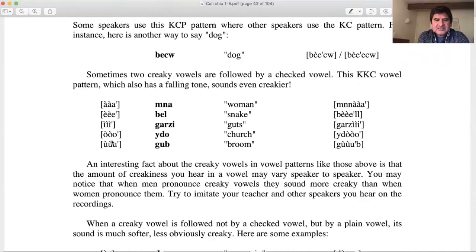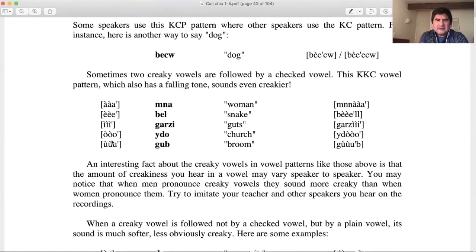And then snake, bell, bell. Garzi, garzi, guts. Church, ido, ido. Room, goob, goob. One more time. Mna, mna.